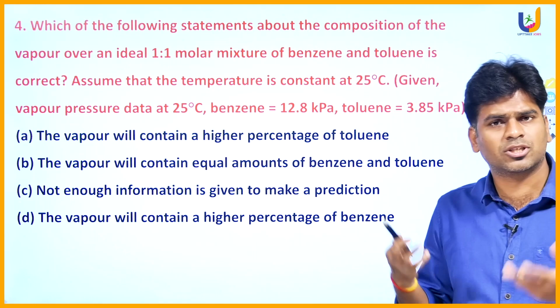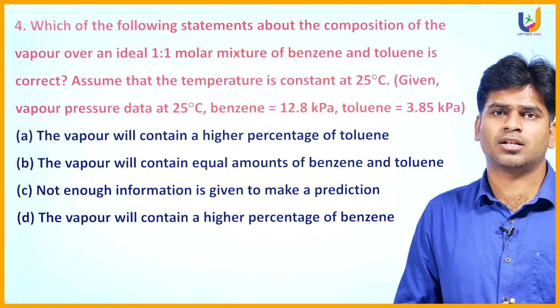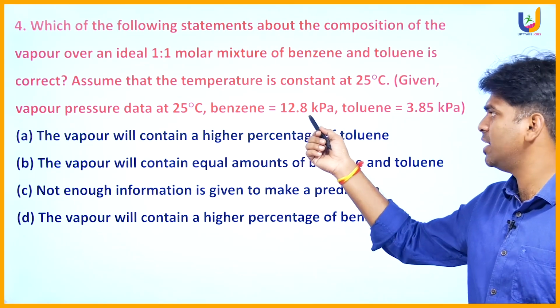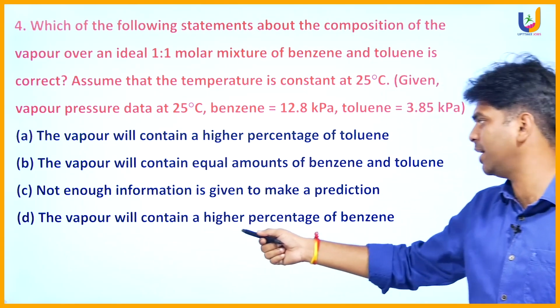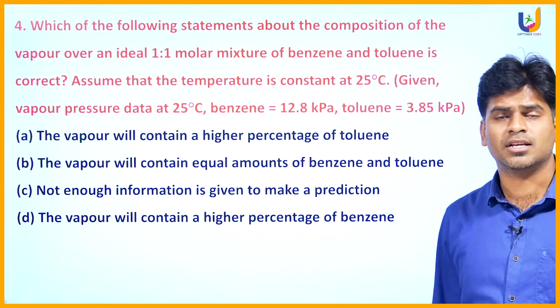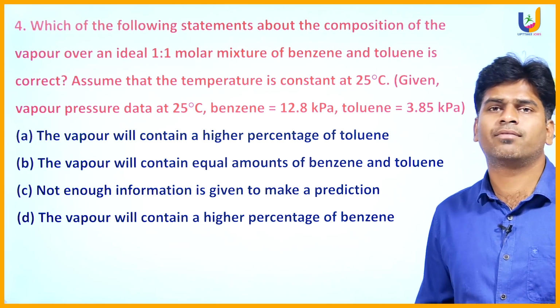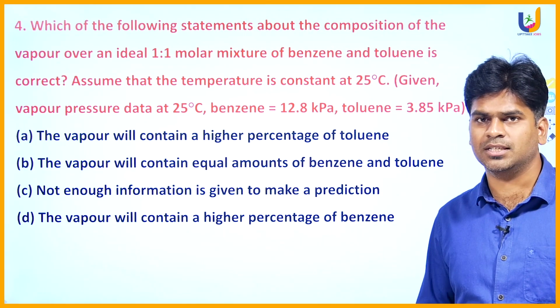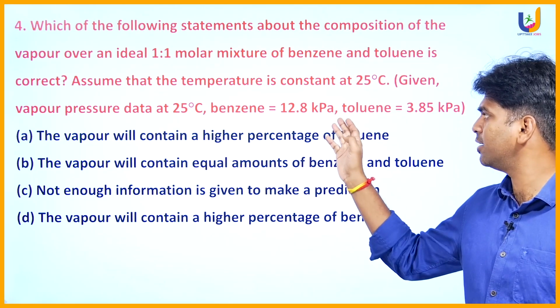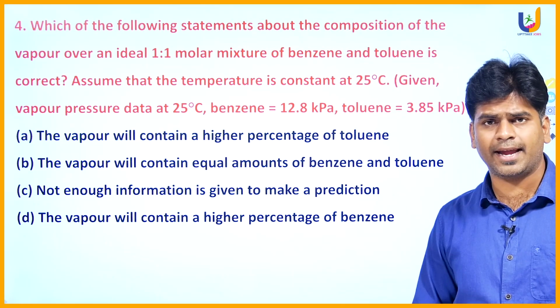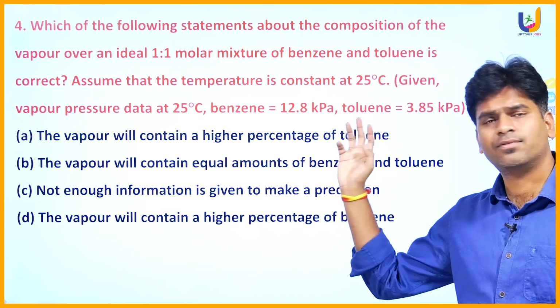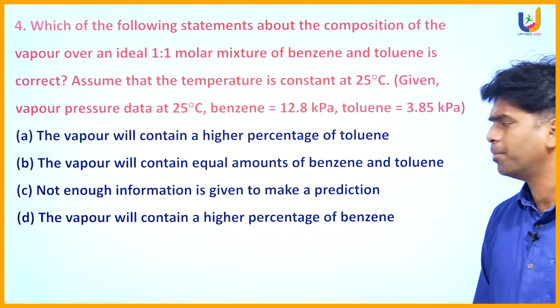Whichever has more pressure will have more vapor. So obviously benzene, so the vapor will contain a higher percentage of benzene. Which substance has higher vapor pressure? Obviously benzene, because its pressure is 12.8 kilopascals.